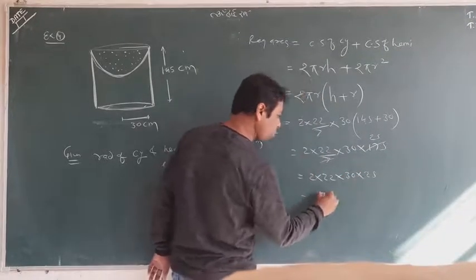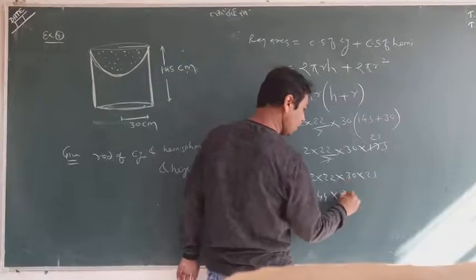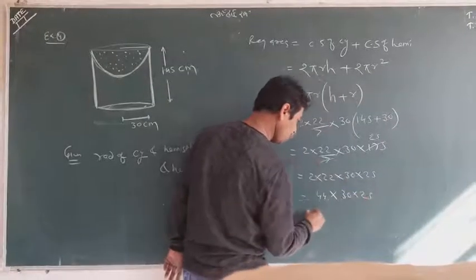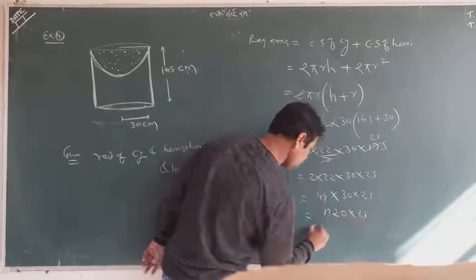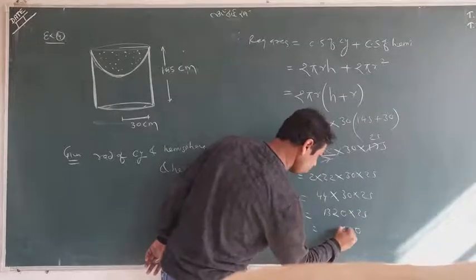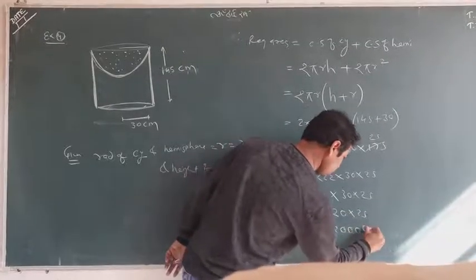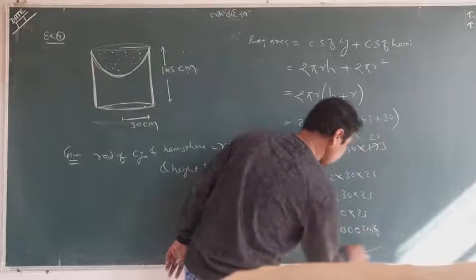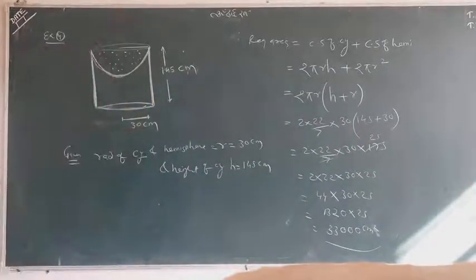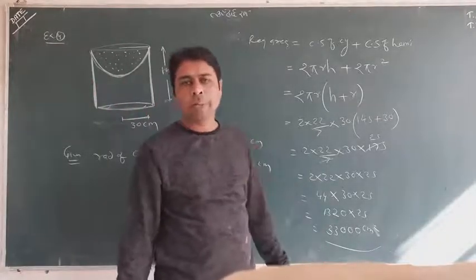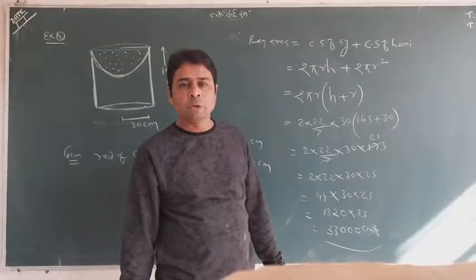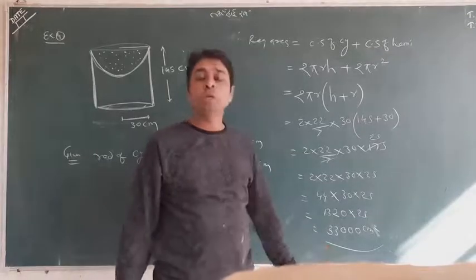You can multiply all the things, and it comes to 33,000 square centimeter. You can change it into meter by dividing by 100 into 100, meaning 10,000. So the answer will be 3.3 square meter.